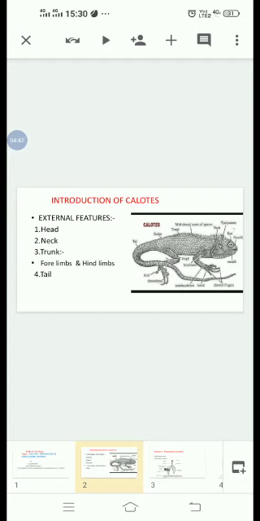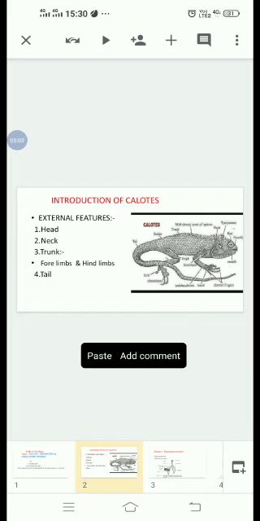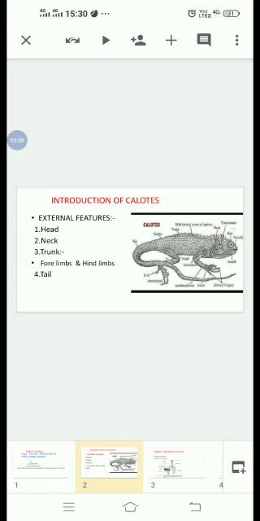Next part is the tail. The tail is long, measuring about 23 centimeters. Tail is cylindrical and tapering like a whip.